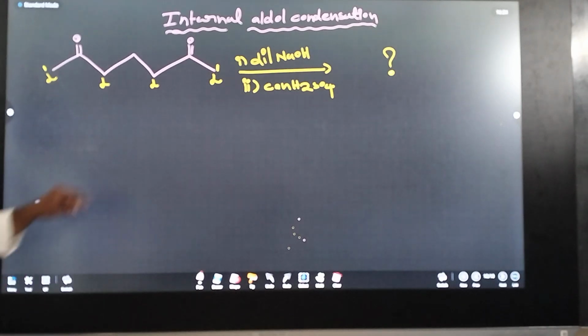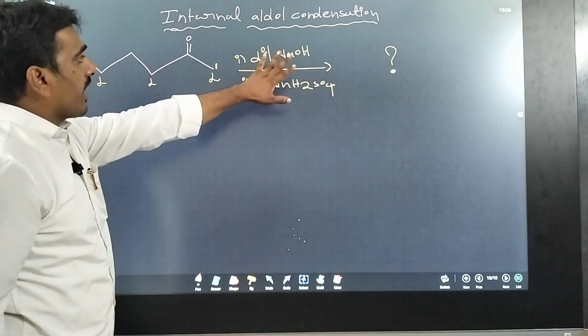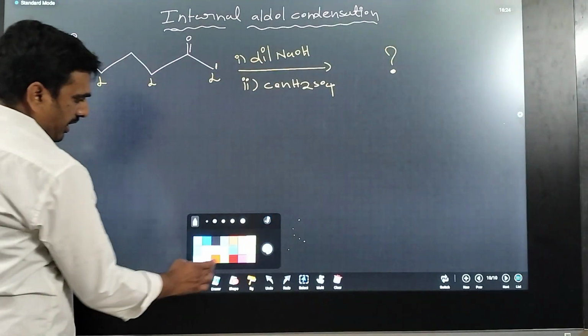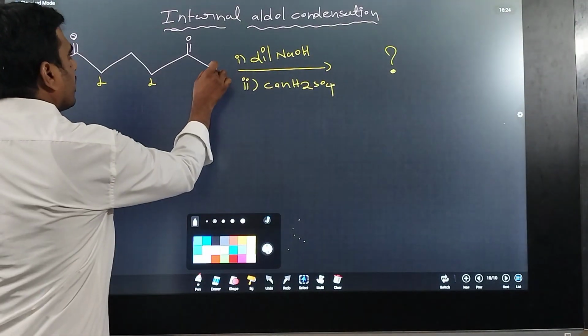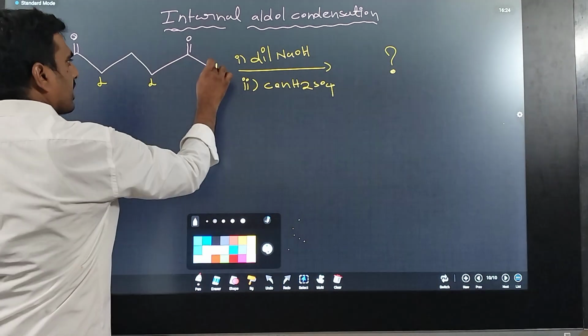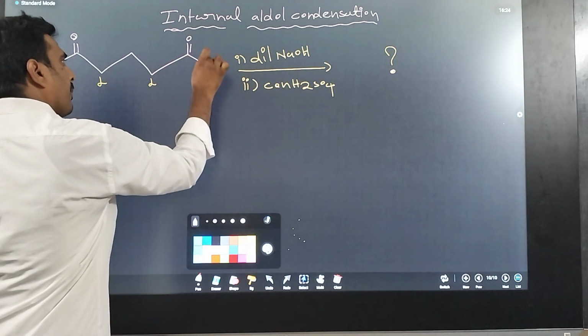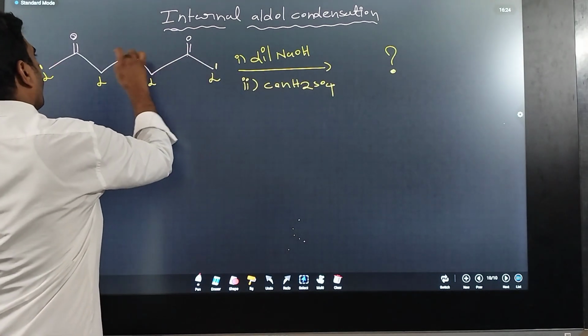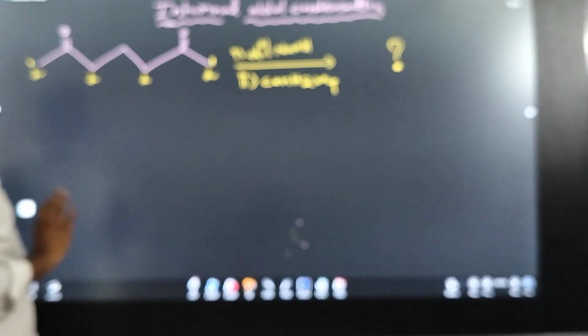So in case of base, from where can it accept the proton? There are two possibilities. The base can accept the proton from this alpha carbon, so a 6-membered ring is possible.